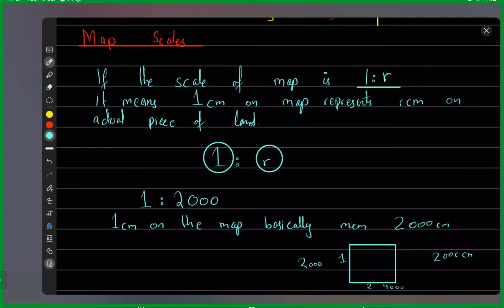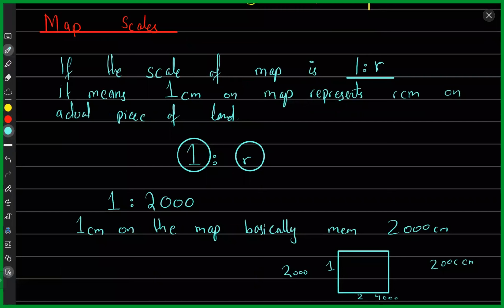Okay, so here basically we are studying an application of map scales. All you need to understand is that this is a way to represent a scale. What is a scale? A scale is just telling you what it is on paper or on map and what it actually is.